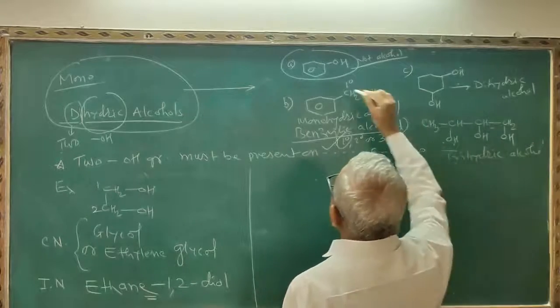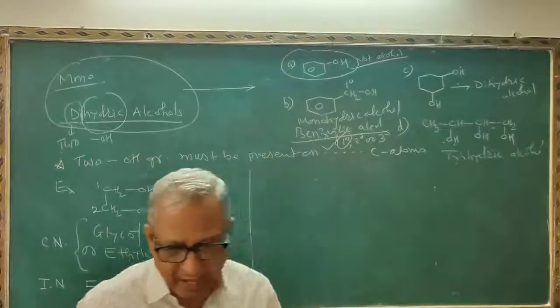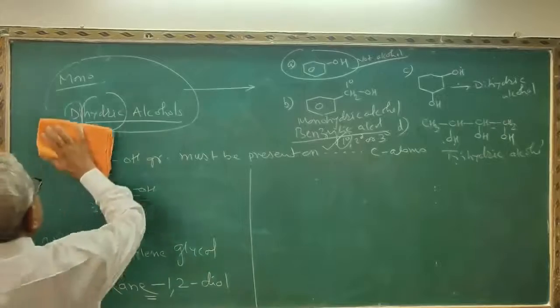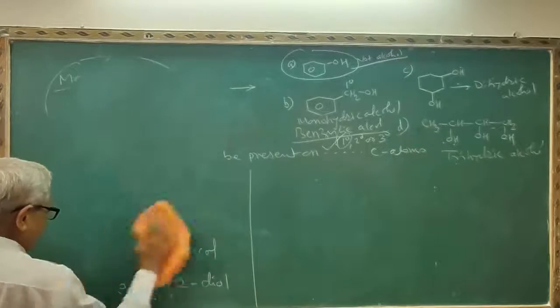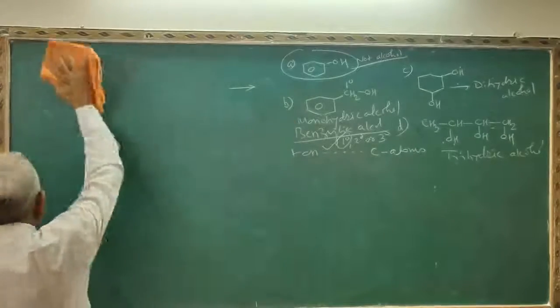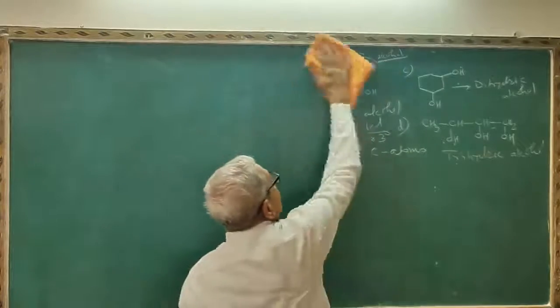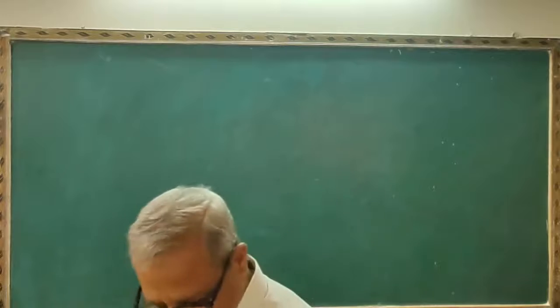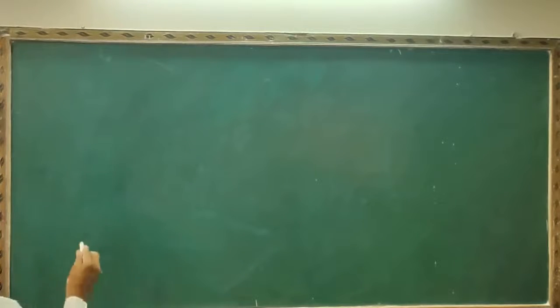See here, only 4 options are here, but I prepared 3-4 questions on this title. So we completed monohydric alcohol, dihydric alcohol. Now next point I will start, that is the trihydric alcohols. So give the title trihydric alcohols.